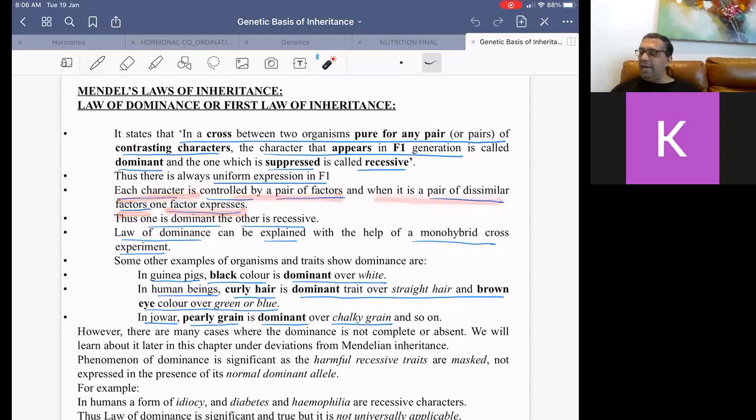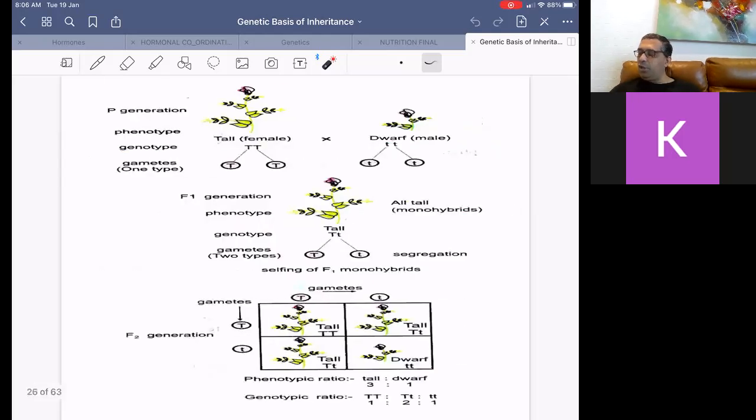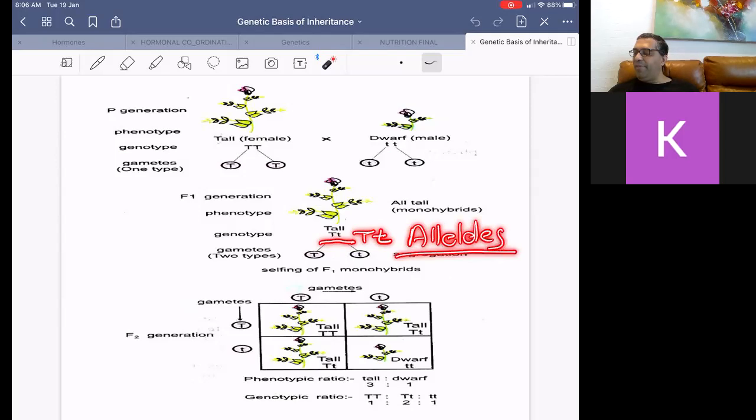तो ये important line है. F1 generation में we have a pair of dissimilar factors, capital T, small t, which we remember are called alleles.